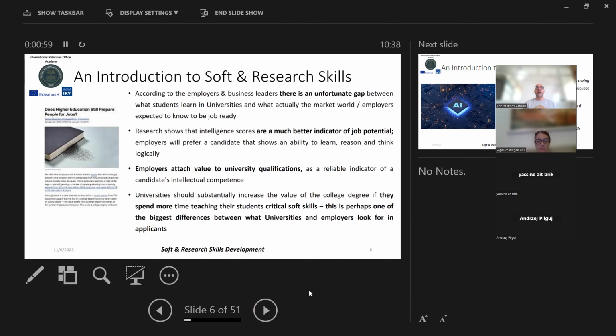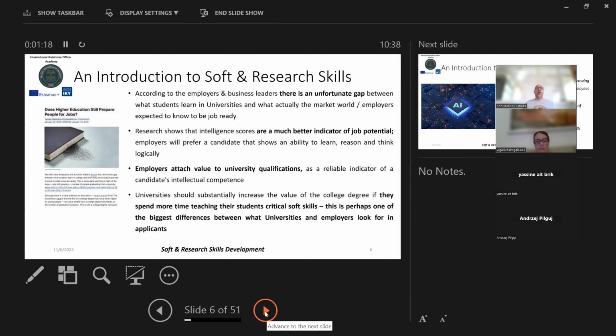So this course would like to operate as a trigger of information and as one step towards the cultivation of soft skills development.